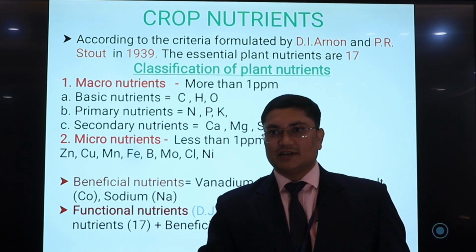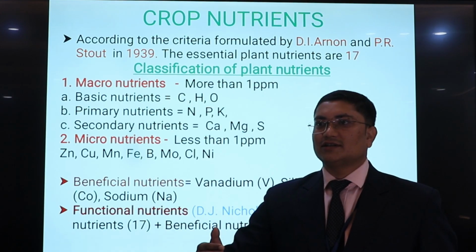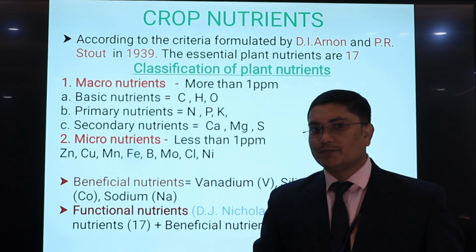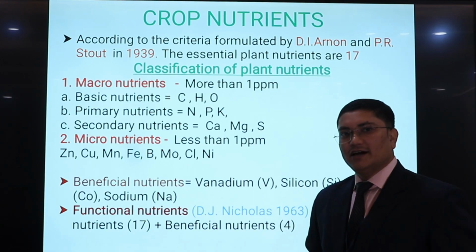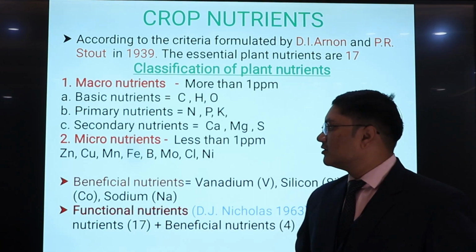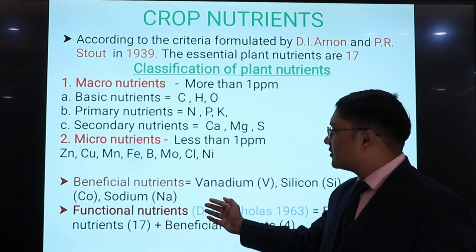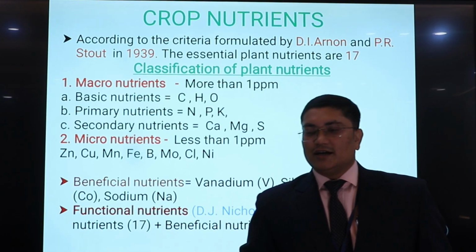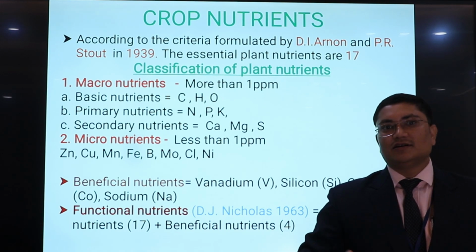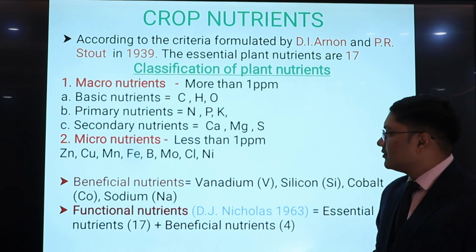But as per the requirements in terms of economic yield of the plants, these 4 are also very important and play a vital role, because without these 4 elements the plants do not achieve the economic yield as required. They proved to be very helpful elements.